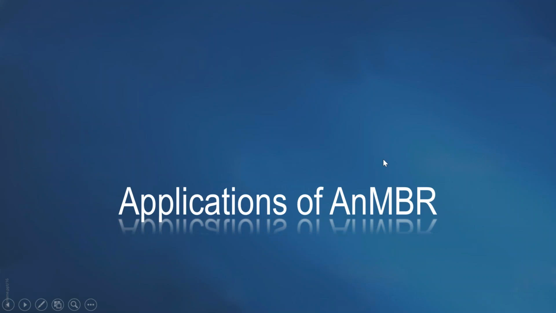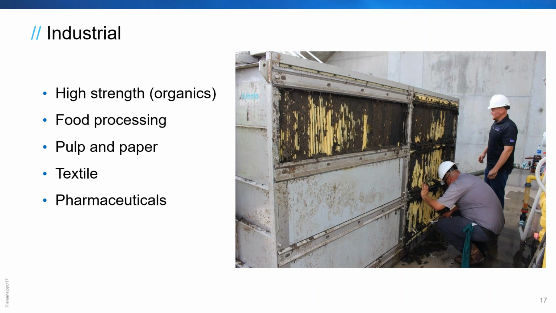So as far as applications go, obviously the first one that jumps out is industrial, and this is where, for a mainstream liquid stream treatment process, anything that's anaerobic, if you're familiar with upflow anaerobic sludge blankets, that kind of technology, they like the high strength organic loading, right?